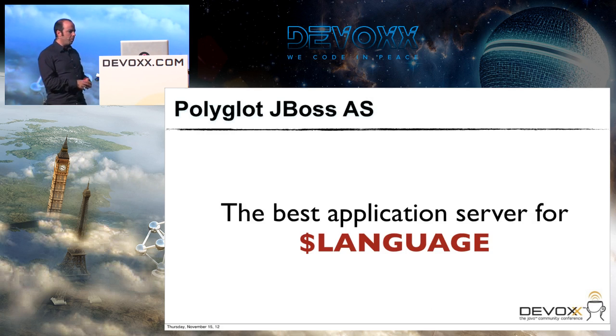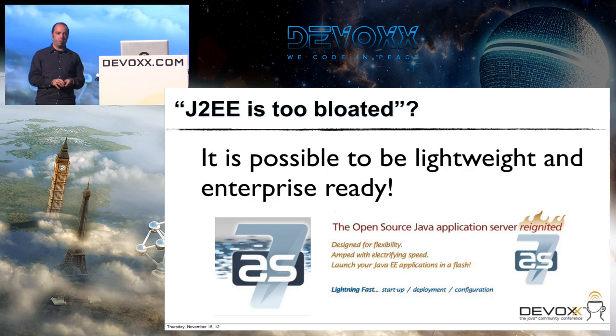Now, ever since, at JBoss, we've been working on making the JBoss application server not only the best app server for EE applications, but also for any language that can run on top of the JVM. There's been a phrase over the years where they say J2EE is bloated. I mean, I want to be using Spring or other kinds of applications.